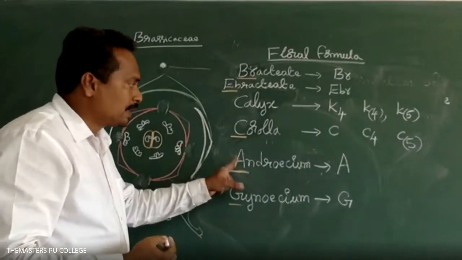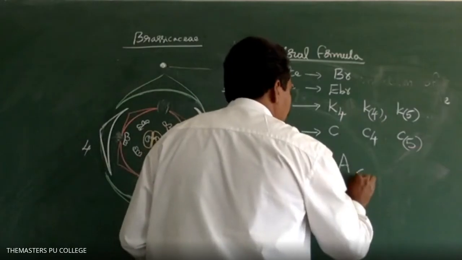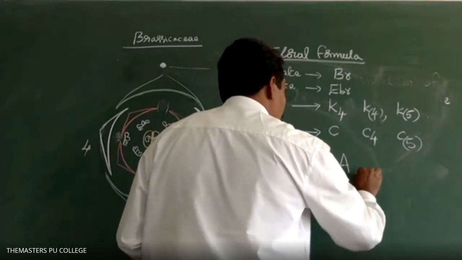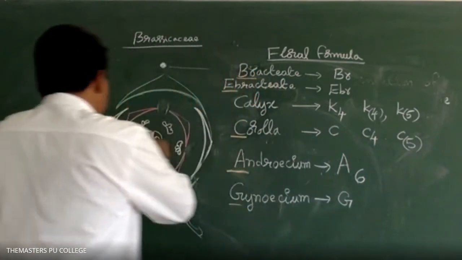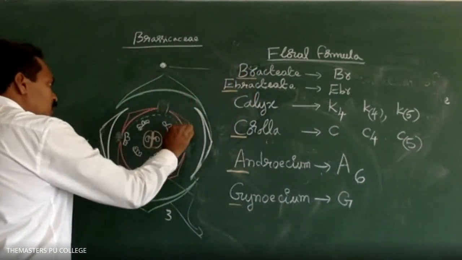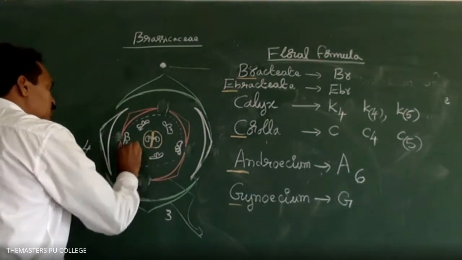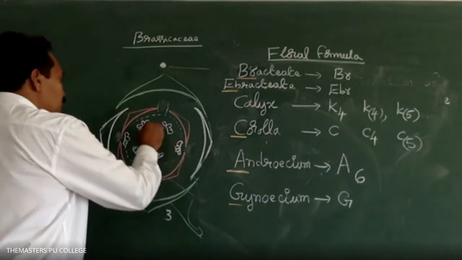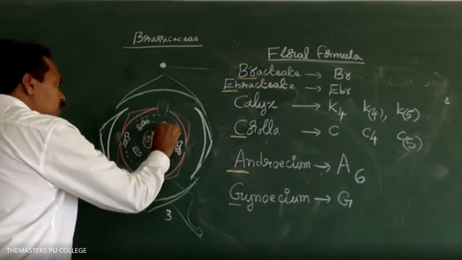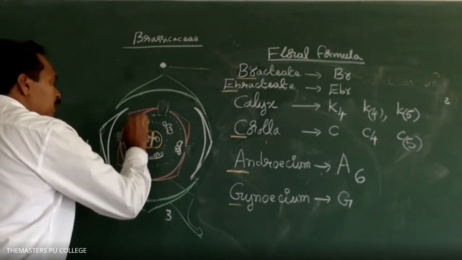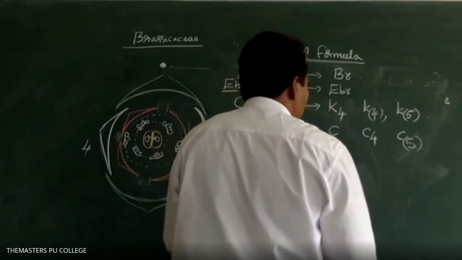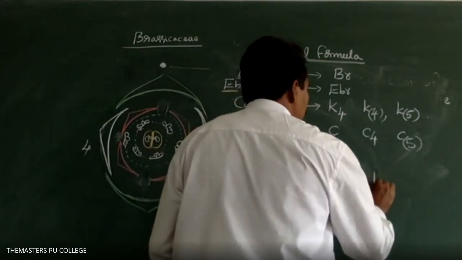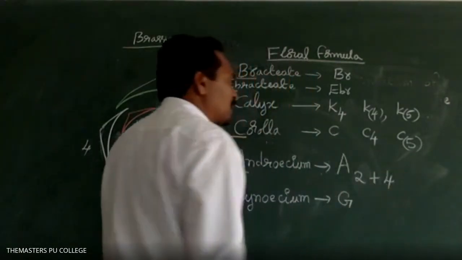Androecium, the number 6. Among these 6, 2 are arranged in one circle, 4 in another circle. 2 plus 4, 6.